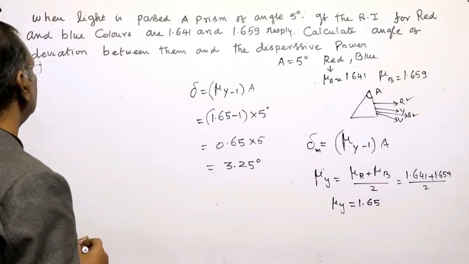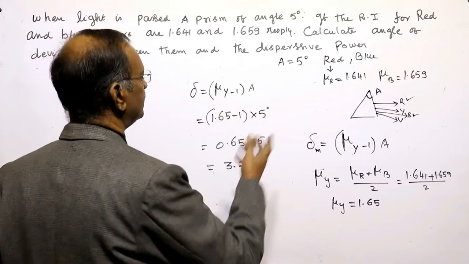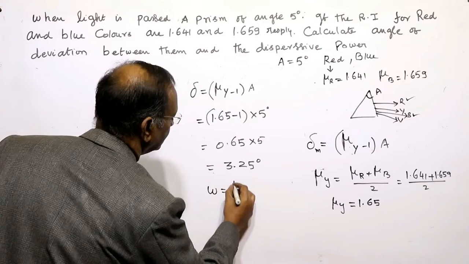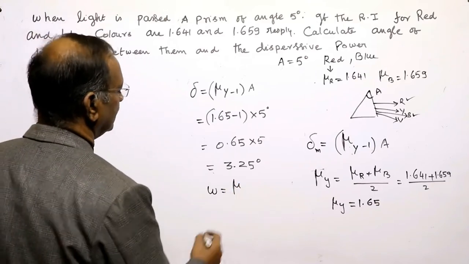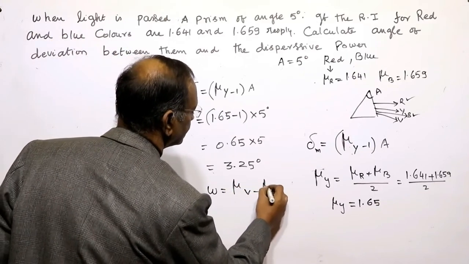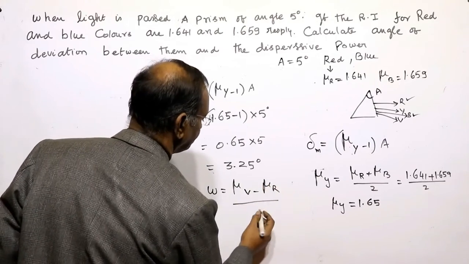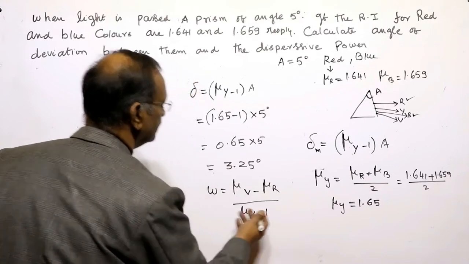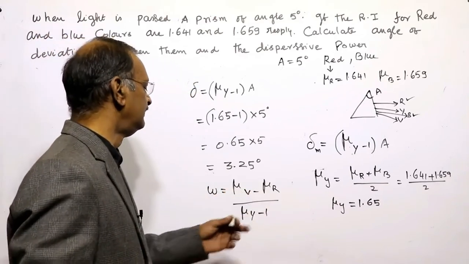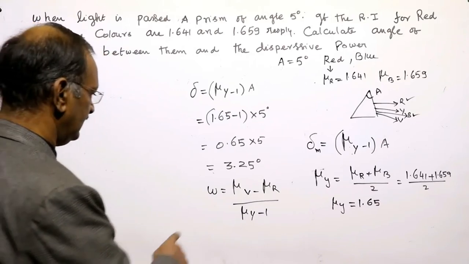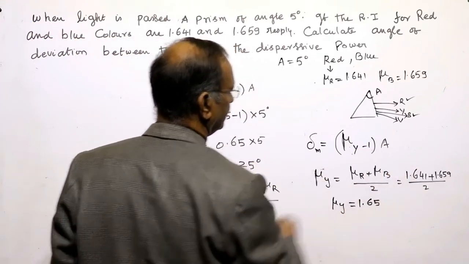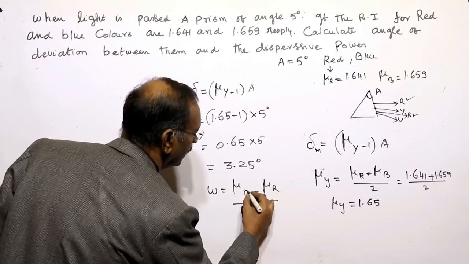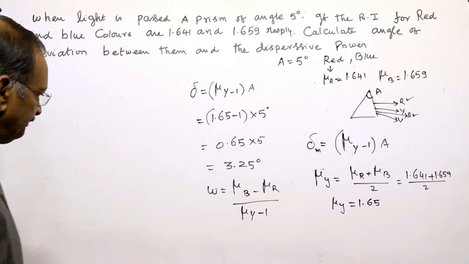Now calculate the angle of deviation between them and the dispersive power. As we know, the dispersive power is given by the angular dispersion divided by the mean deviation. Since violet is not given and blue is given instead, we will take the dispersive power between blue color and red color.